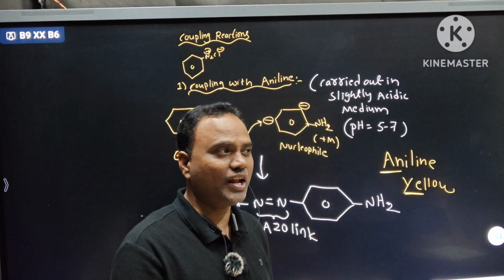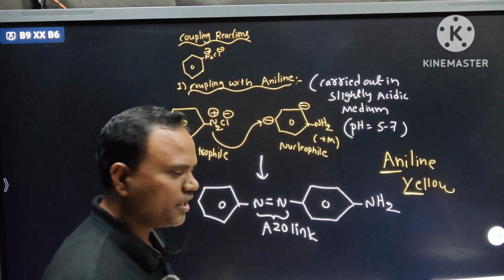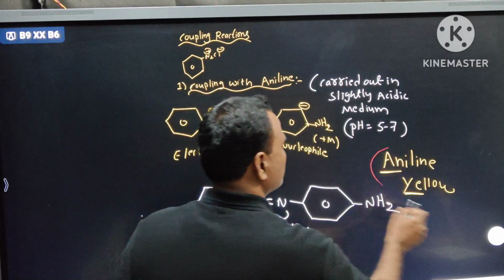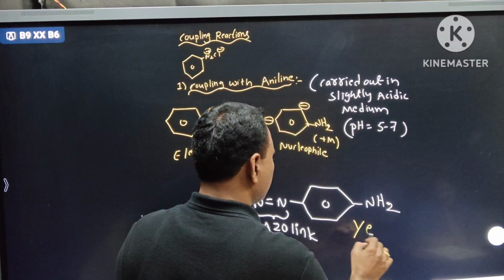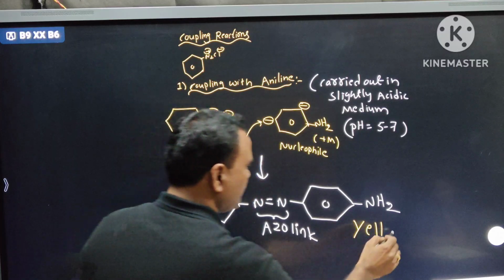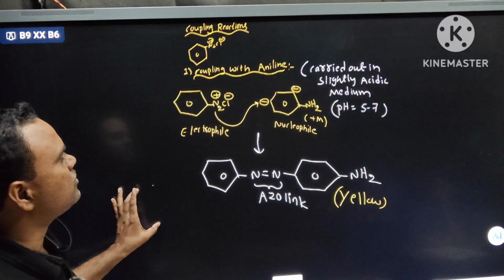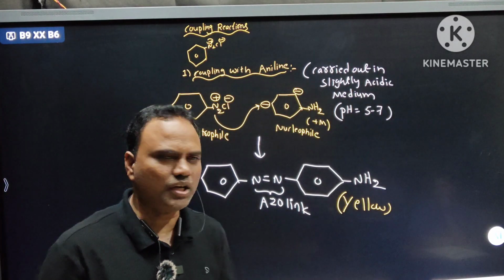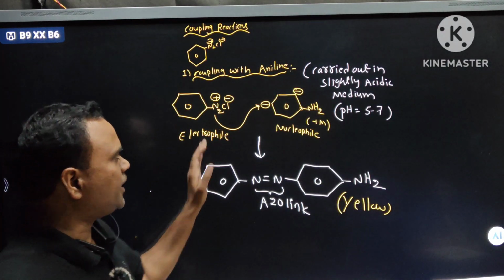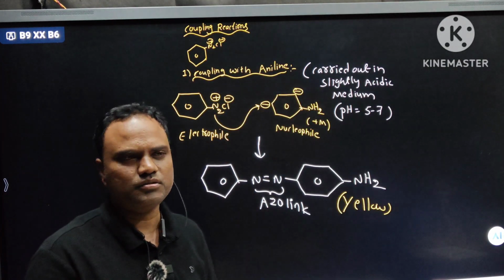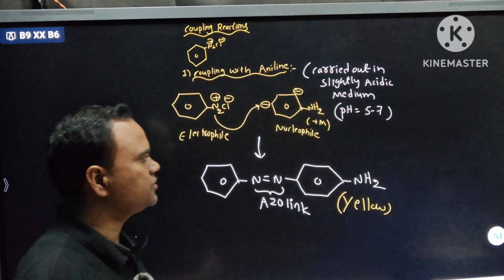Aniline, yellow. The azo link, yellow color dye is formed. Yellow dye. Sometimes colors also will come. With aniline, yellow color is formed. And where is the nitrogen link formed? In para.